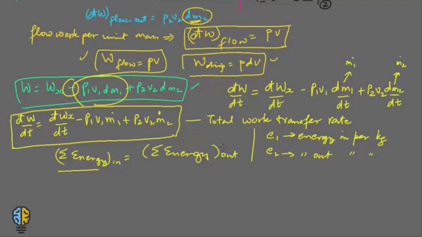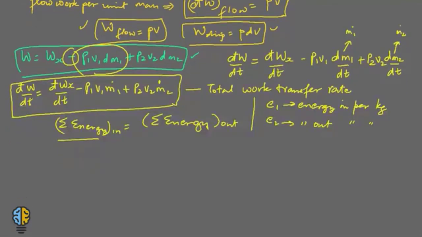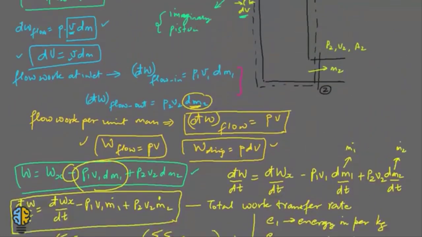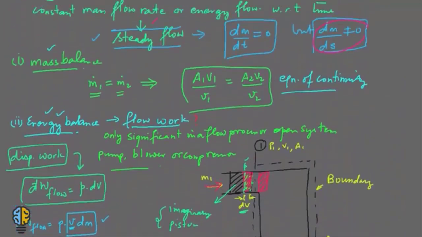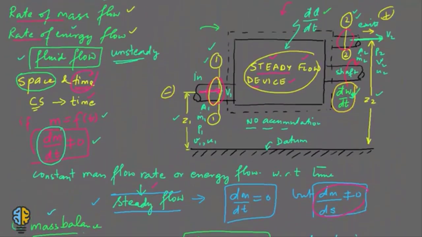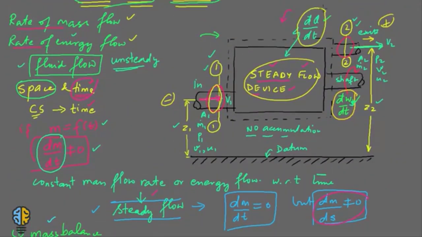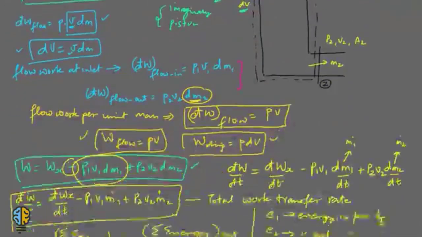Now if I have to write the equation, the total rate of energy inflow would be equal to the mass flow rate at the inlet into the energy at inlet per kg, plus, now you are actually putting in the heat. So if you look at the diagram, the total heat transfer is d'Q by dt, that is going into the system.